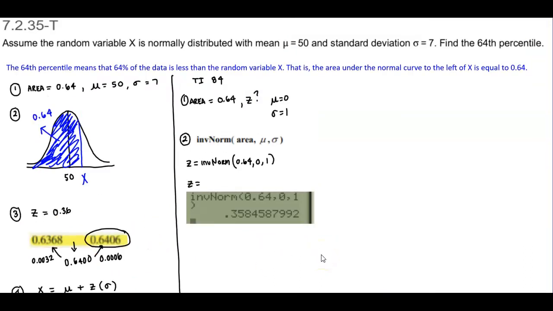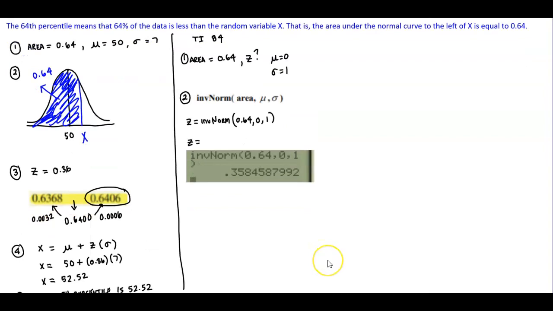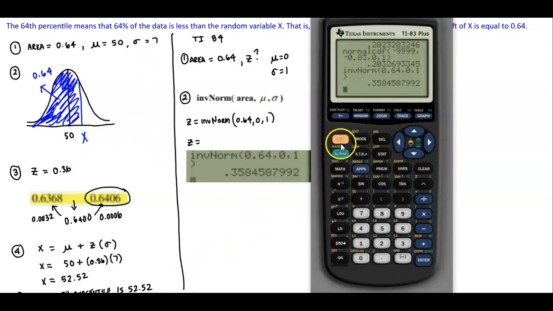Now, just to see what would happen, let's let our mean be 50 and our standard deviation be 7. Again, second distribution, and then INV norm.